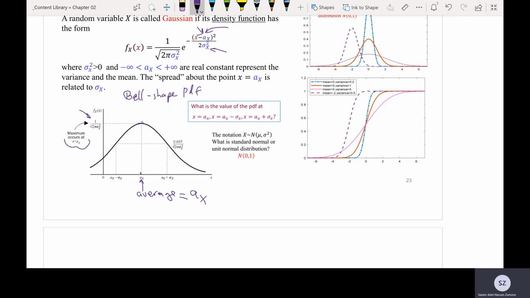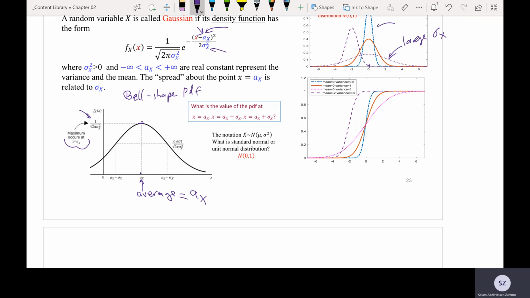For example, if the standard deviation is very high, you find the PDF is wide. So this has a large sigma x. Around the mean, the students take values very far from the average. The exam results are distributed very broadly around the mean.